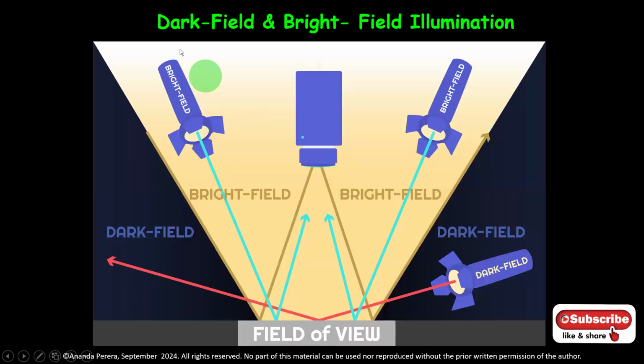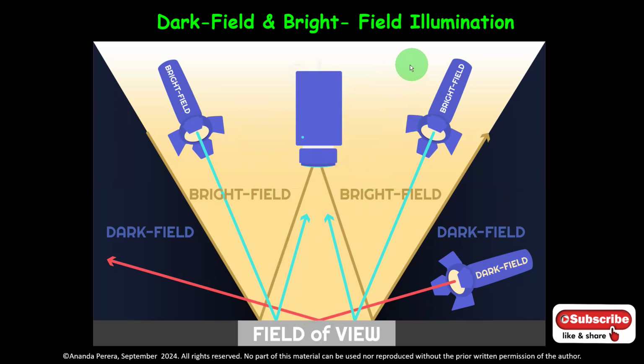Now we are moving to dark field and bright field illumination. It is a lighting condition. Look at the lights, bright field. Lights are there. Because of this light, what happened there? Field of view. We can see this field with the light.